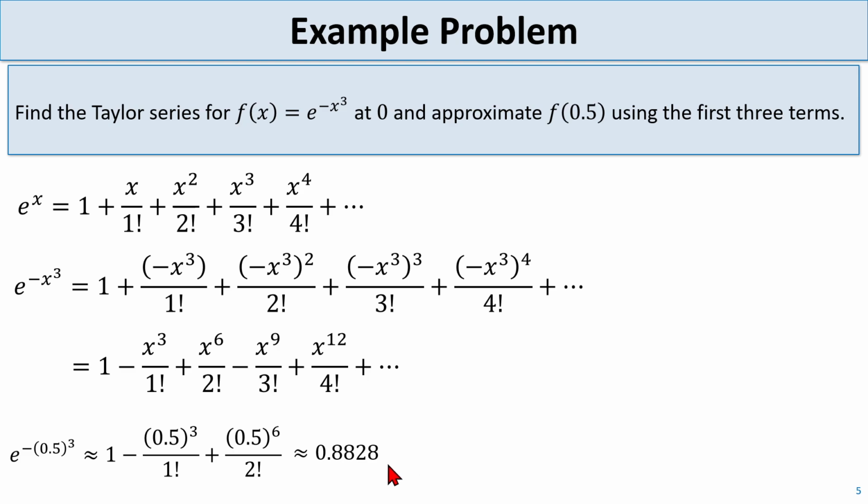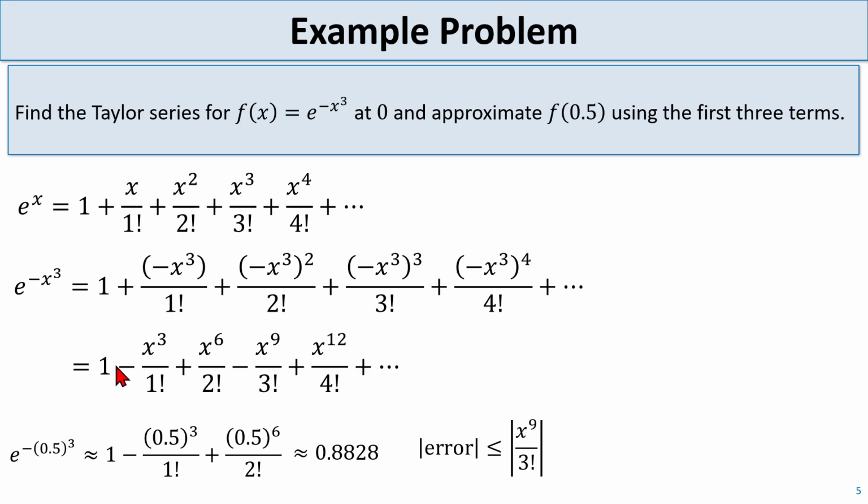Whenever you make an approximation, you also want to have some idea what the error is in that approximation. And when you have an alternating series, you can approximate the error by calculating the absolute value of the next term in the series that you didn't include.